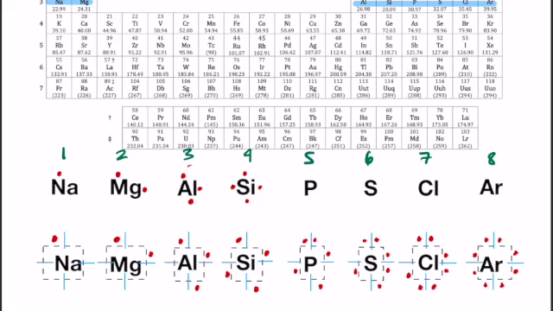Phosphorus has a pair on the top, 1 on this side, 1 on this side, and 1 on that side. Sulfur, a pair, a single, a single. Chlorine, 3 pairs, 1, 2, 3, and a single. And argon, 4 pairs.